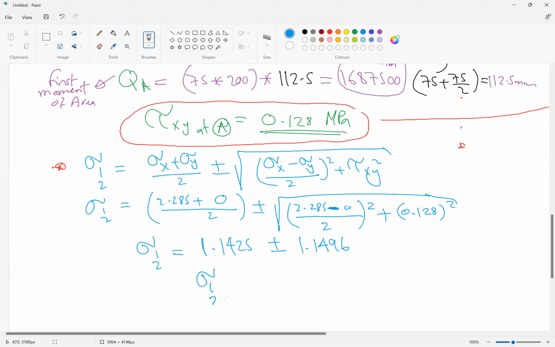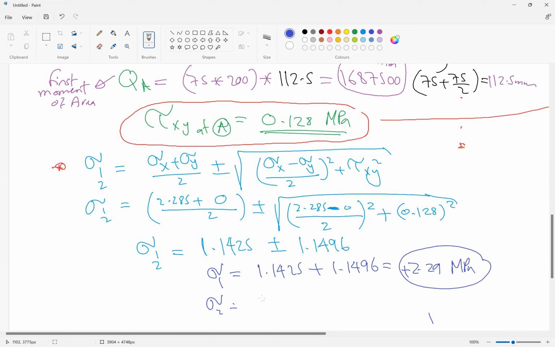So sigma 1 will be 1.1425 plus 1.1496, which is 2.29 positive MPa.